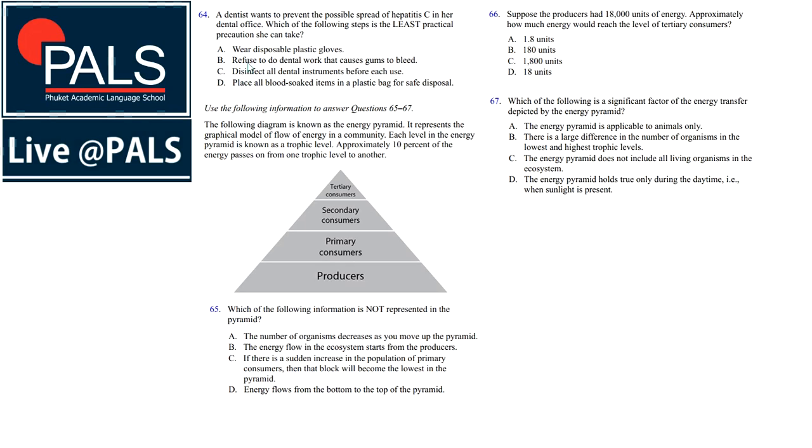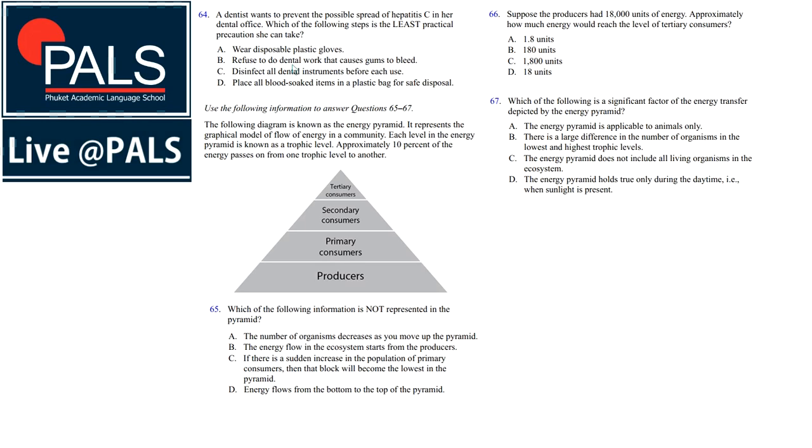So, in this question, we're looking for the least practical precaution. Important here is practical precaution. Since we are talking about a dentist, the work of a dentist often does involve bleeding gums. So it's not really a practical approach to refuse any work that may cause gums to bleed.